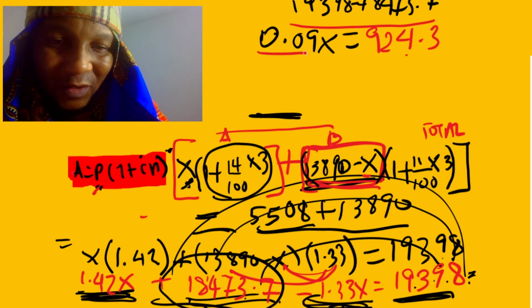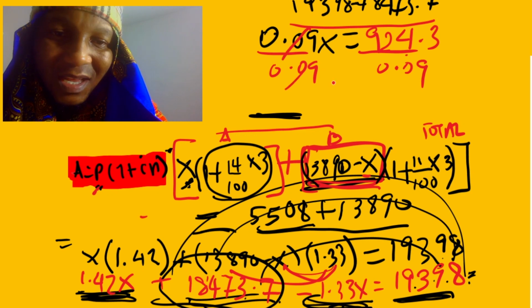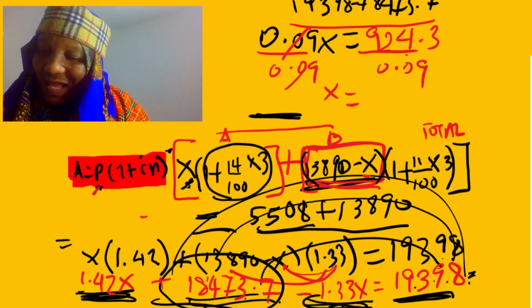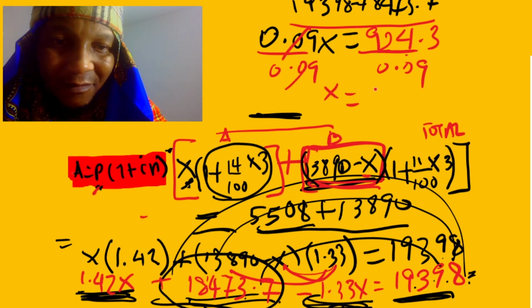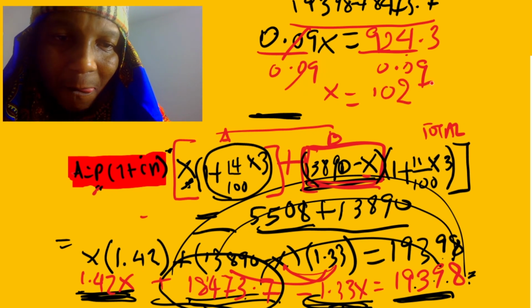So we want to get the value of x, so divide by 0.09, divide by 0.09. This and this cancel. So the value of x equals, plug in a calculator, that's going to give you 270.